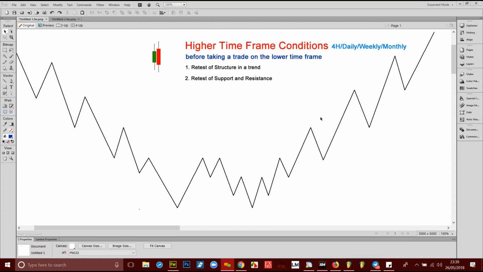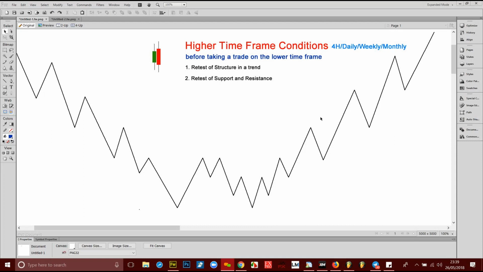Now, with this strategy, there are conditions to be looked at before you can actually enter the trade. We have the higher time frame conditions and we have the lower time frame conditions. The higher time frame conditions need to be met before you can take a trade on the lower time frame.